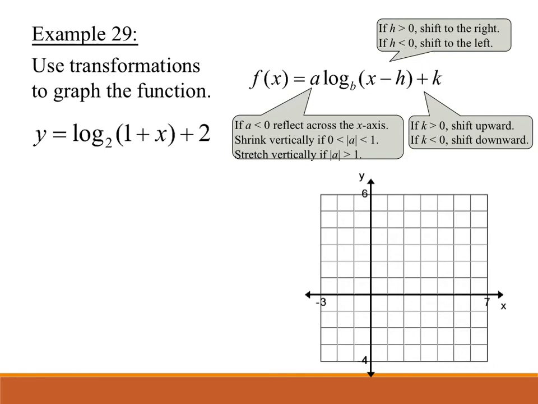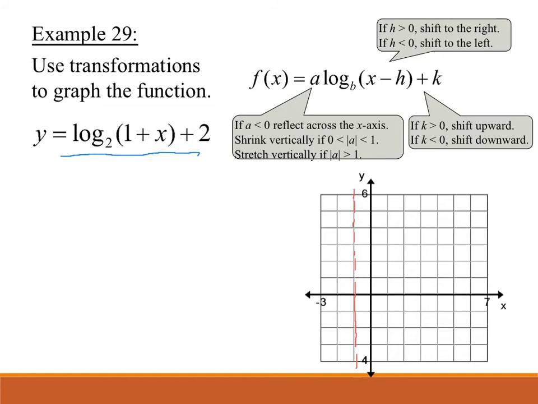So in this particular case, for y equals log base 2 of x plus 1, plus 2, the vertical asymptote is at minus 1. So we're going to put in the vertical asymptote at minus 1. This is critical in terms of our understanding of how to graph logarithmic functions.